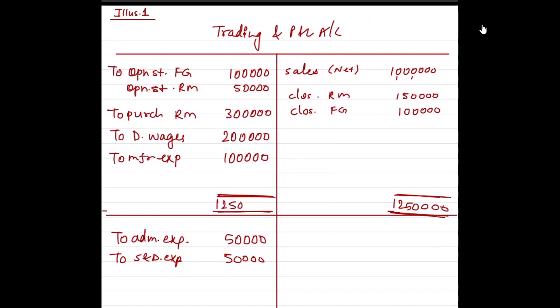Now you have to deduct from 12 lakh 50,000 all the opening items: 1 lakh is your opening finished goods, 50,000 is my opening stock of raw materials, then 3 lakhs of purchases, 2 lakh of direct wages, and 1 lakh of manufacturing expenses.